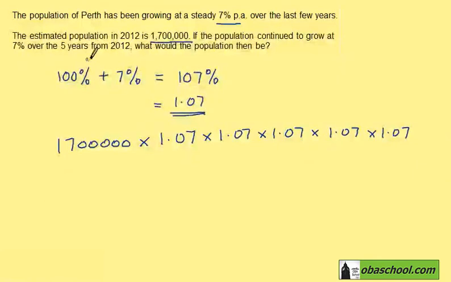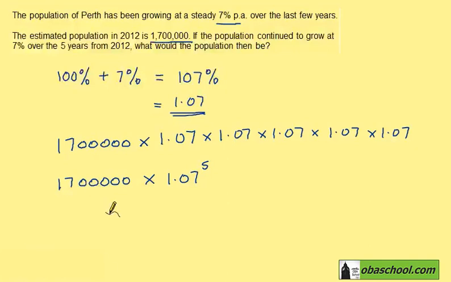That's assuming, as we're told in the question, that we continue to grow at the same rate. We can write this more simply as 1,700,000 times 1.07 to the power 5.